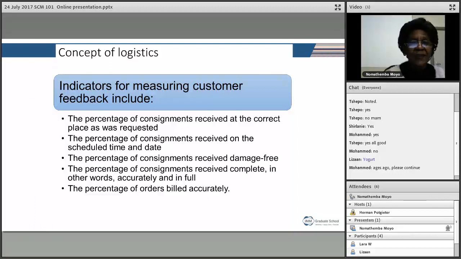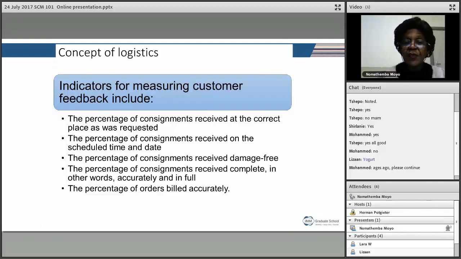How do you measure customers? There are indicators for measuring customer feedback. We have to get customer feedback because we always say customers are kings. Our clients are kings. They are always right.